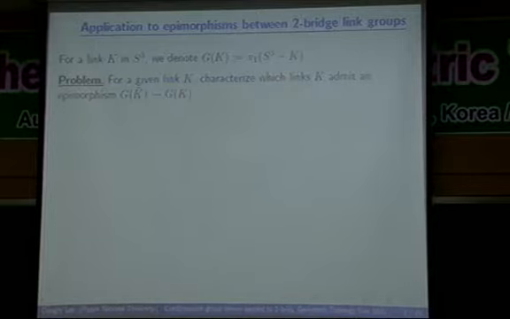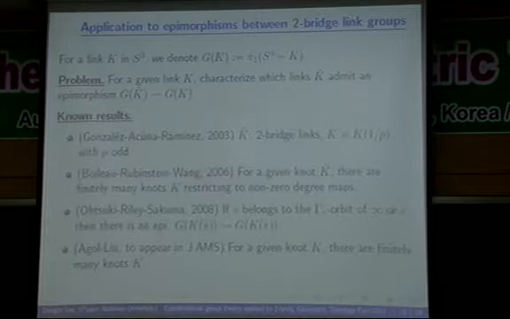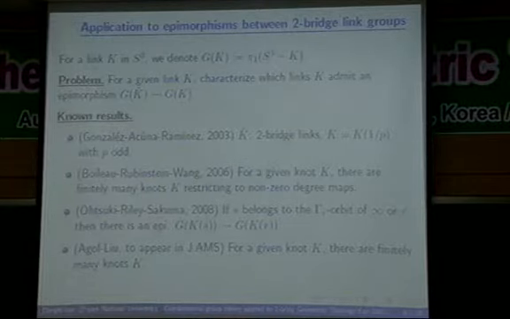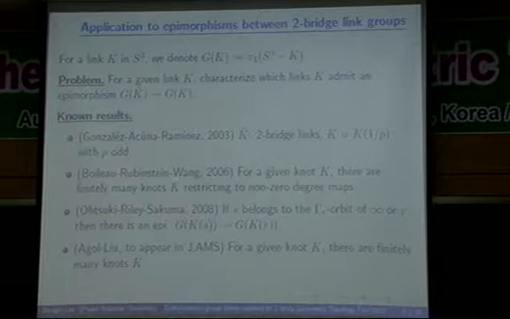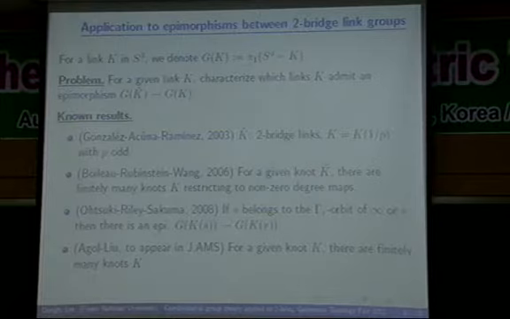And in connection with this problem, many results were known so far, and these are some of those known results. Gonzalez-Acuña and Ramírez solved this problem when K tilde is a two-bridge link and K is a torus knot. And also Boileau, Rubinstein, and Wang proved that for a given knot K tilde, there are only finitely many knots K if you restrict the epimorphisms to non-zero-degree maps.